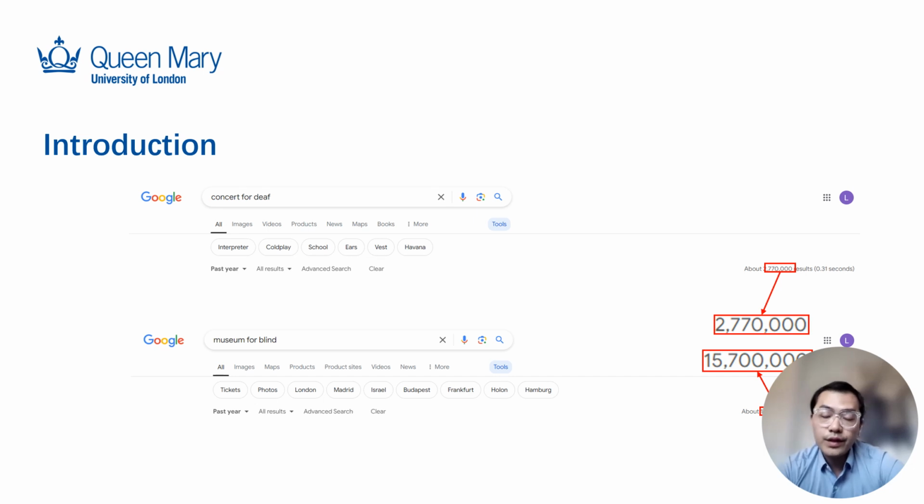We have 15 million search results on museum for the blind in the past year, but we only get less than a third of that on concert for the deaf. This is the problem: more effort should be devoted to the hearing impaired population.